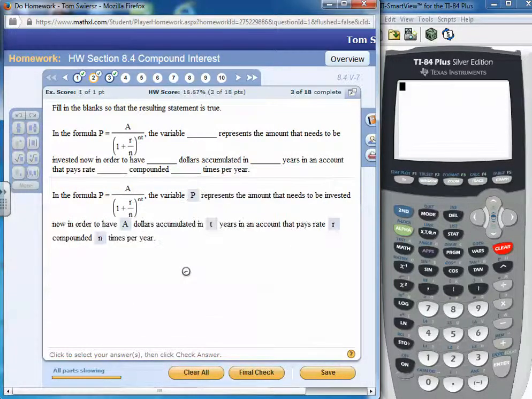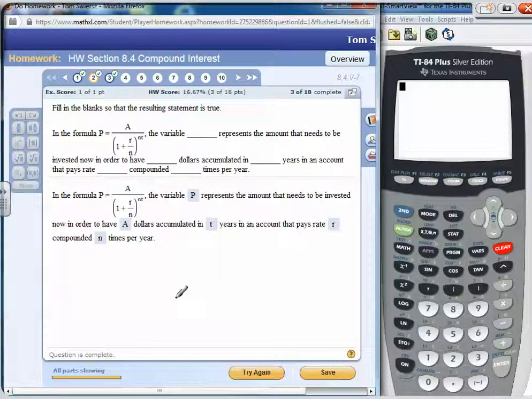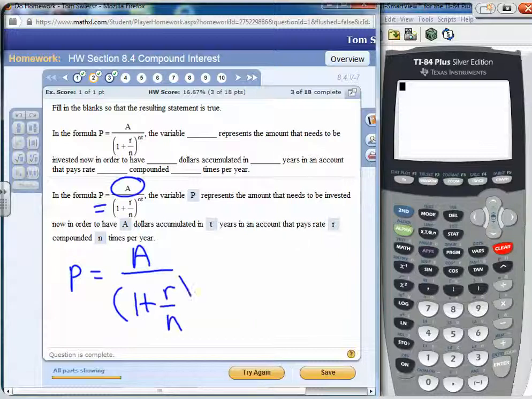Now again, this formula is solved for P. So notice if you're given the future amount and you want to solve for P, you use this formula. You'd plug in the future amount A, over 1 plus the rate over N, raised to the N times T power.